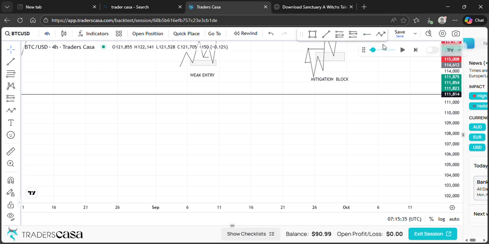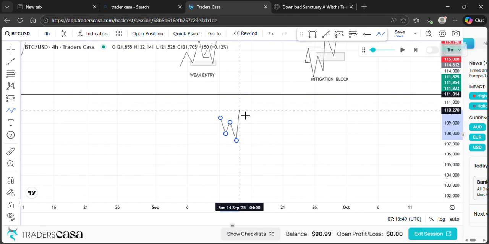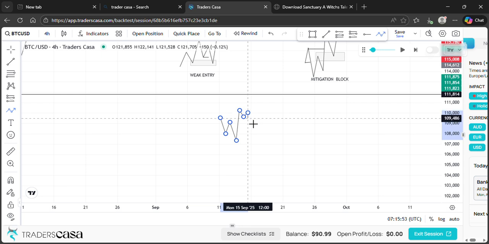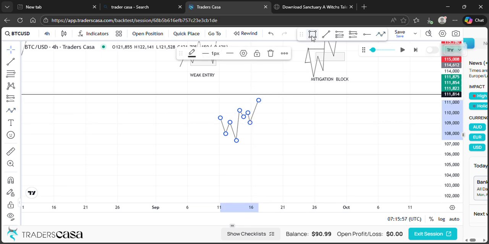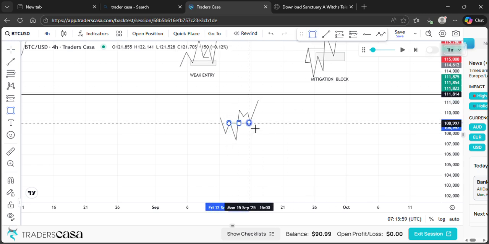They are quite similar, but not the same. Let's just describe what a breaker block is. This is a breaker block. Inducement, tap, then a little bit of retracement, come back, down. So this is a correct breaker block.